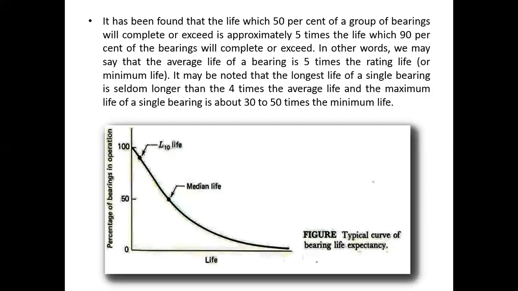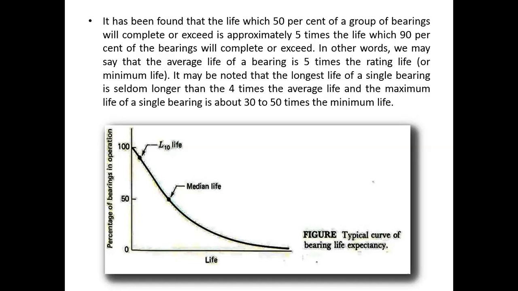It has been found that the life which 50% of a group of bearings will complete or exceed is approximately 5 times the life which 90% of the bearings will complete or exceed. In other words, the average life of a bearing is 5 times the rating life, or minimum life.